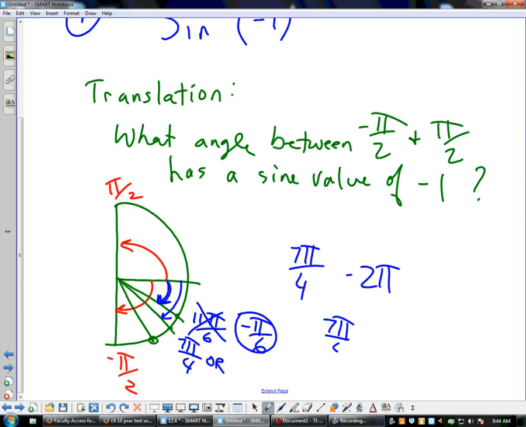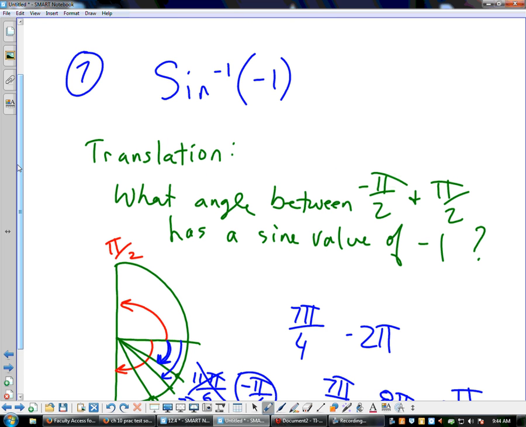That's 7 pi over 4 minus 8 pi over 4, which is negative pi over 4. So that answer you might want to list as negative pi over 4 if you're giving an answer for a capital sine inverse of negative 1.